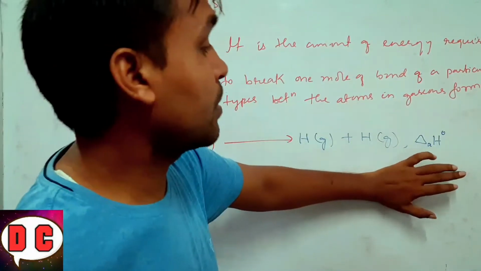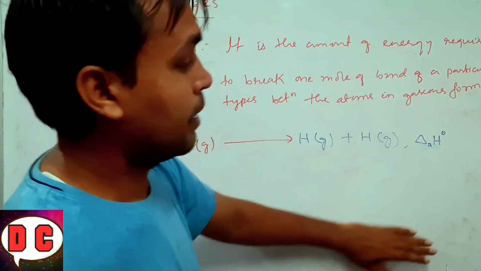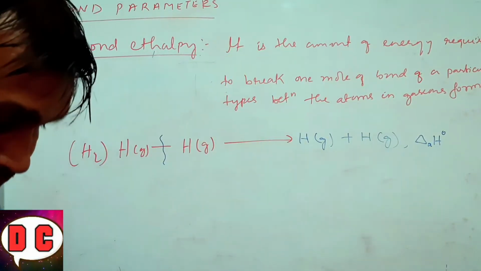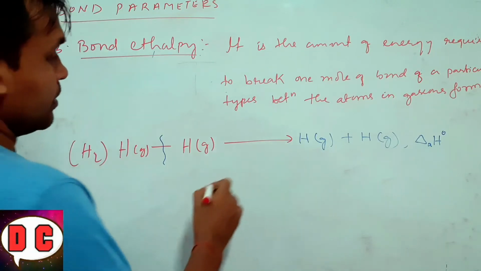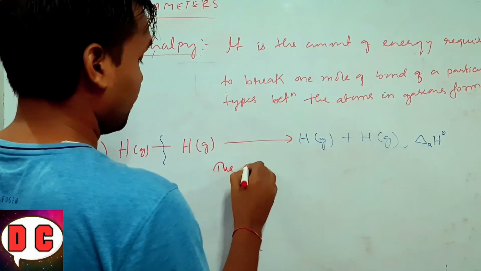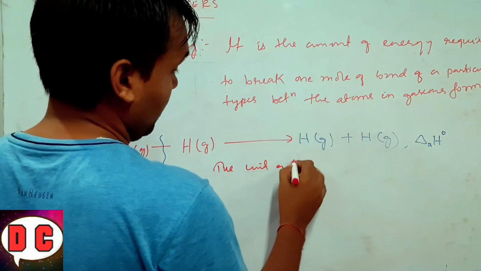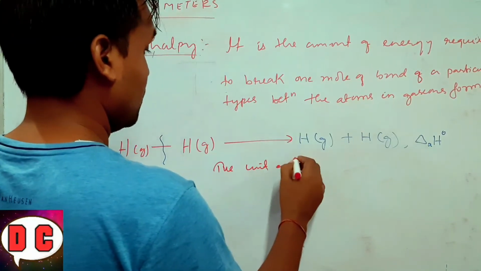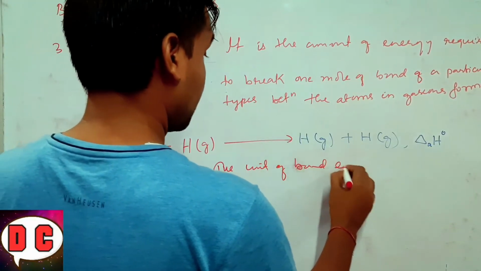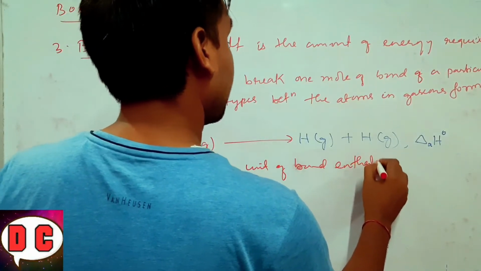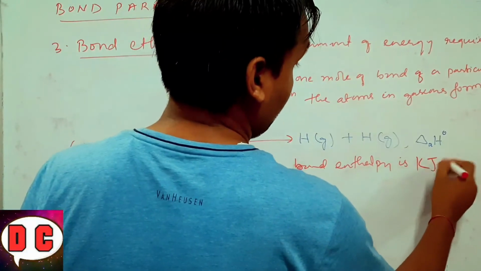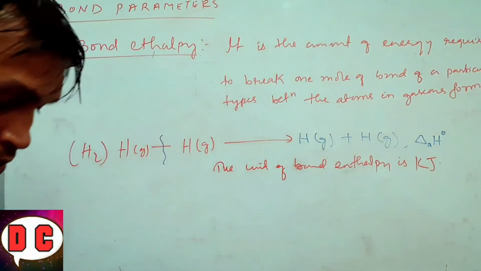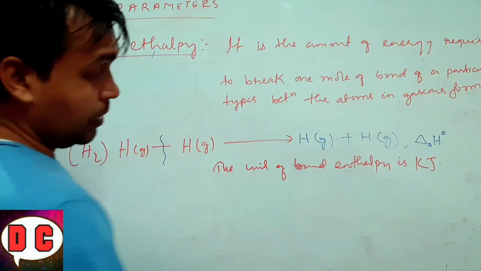And it is represented by delta H naught. The unit of bond enthalpy is kilojoule per mole.